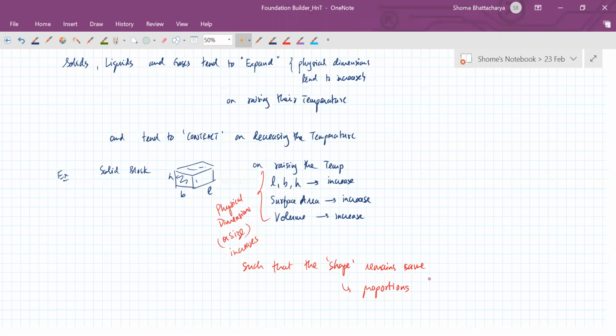A square plate's temperature increased uniformly will not change into a rectangular plate. The sides will increase in proportion such that its shape remains square. A spherical body will remain spherical, but of larger radius and volume. It will not bend into an ellipsoidal shape or some other shape.